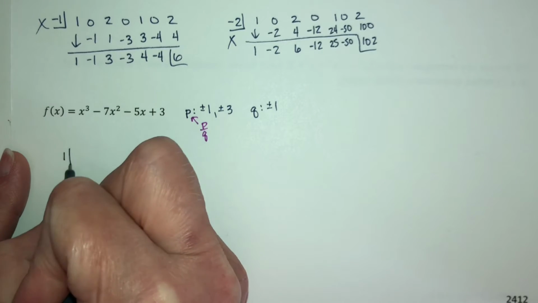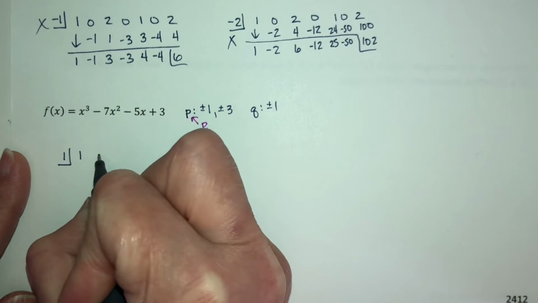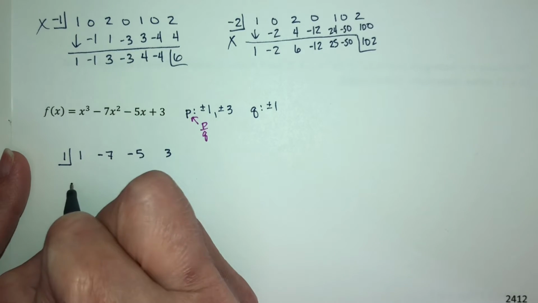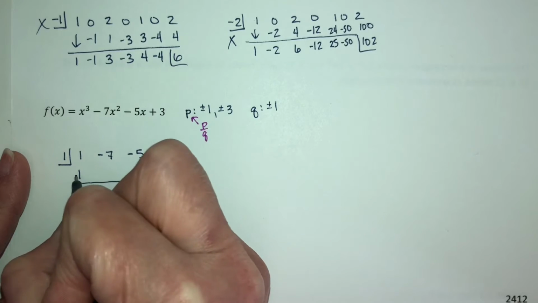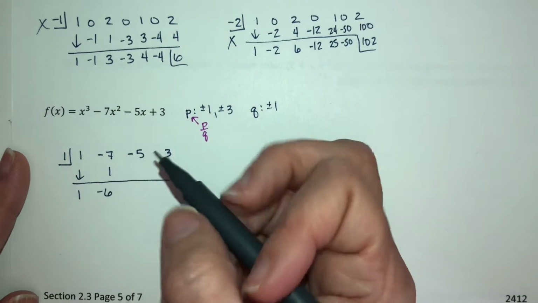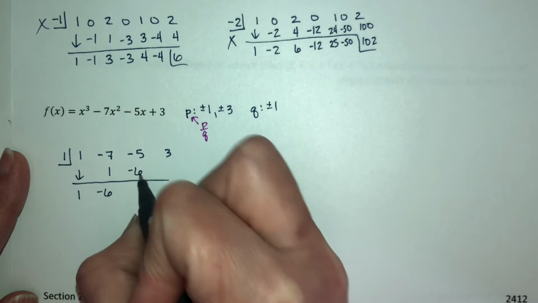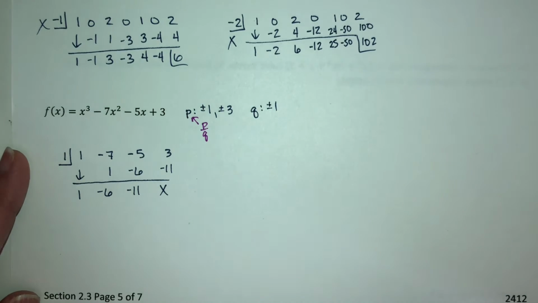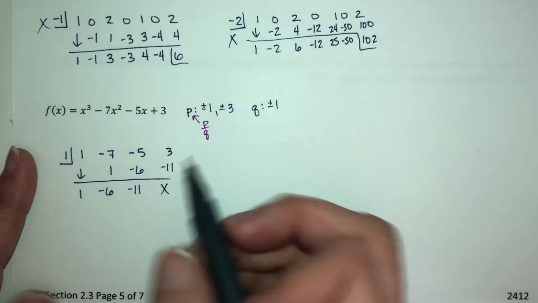So let's try a 1. Bring down the 1. That's a -6. -6, that's -11. -11, and that's not a 0. Okay, let's try -1.